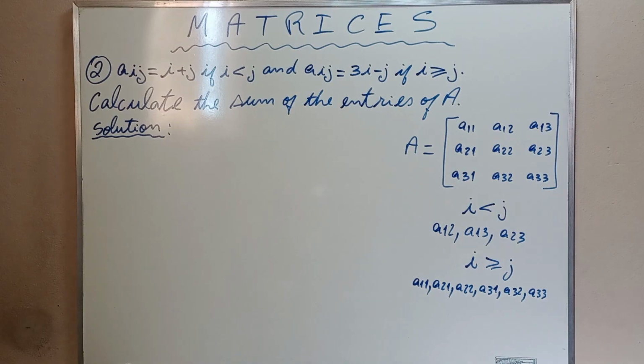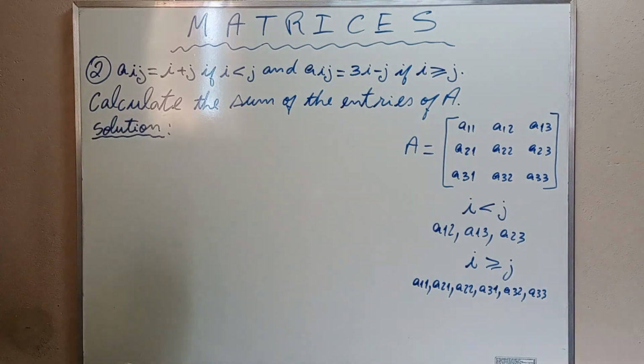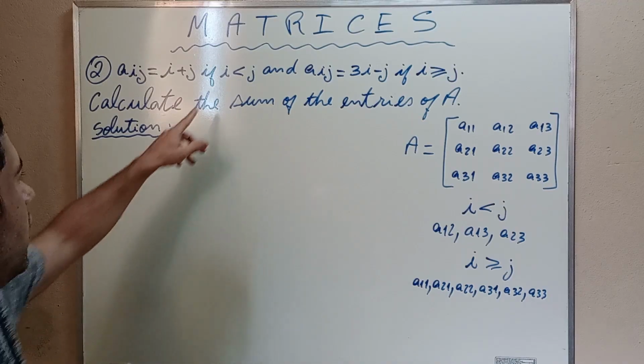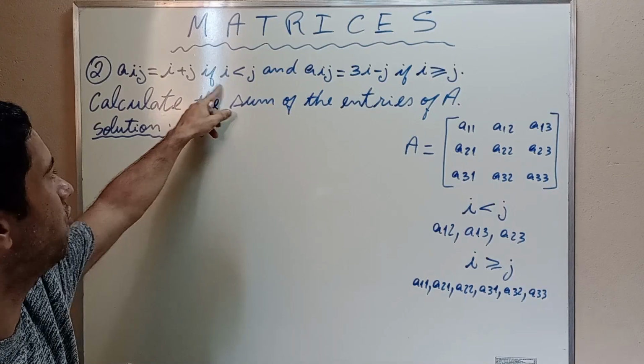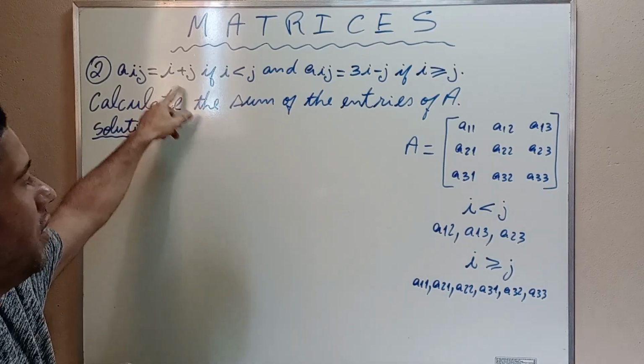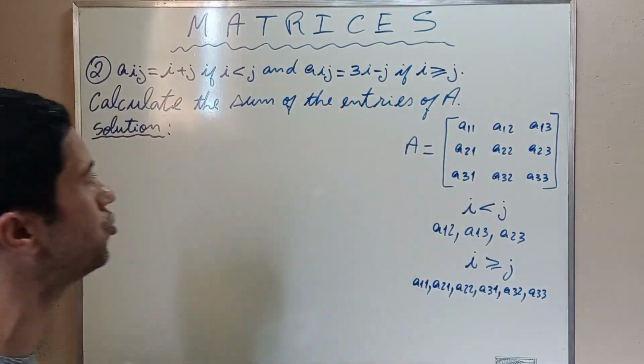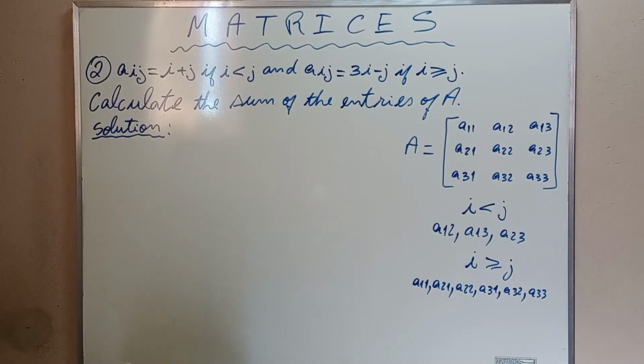As matrix A is a 3 by 3 matrix, it can be written as, this is the standard form of a 3 by 3 matrix, alright? And the entries will be, if i is less than j, Aij is equal to i plus j, and if i is greater than or equal to j, Aij is equal to 3i minus j, alright?